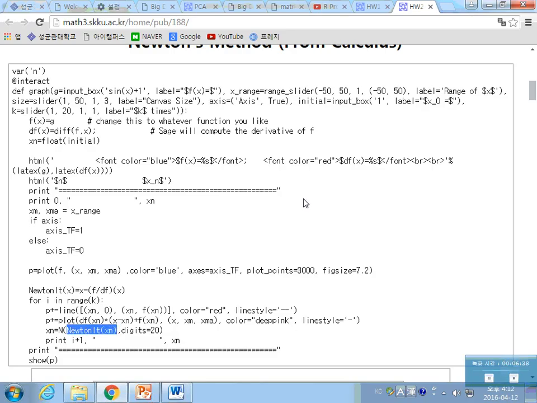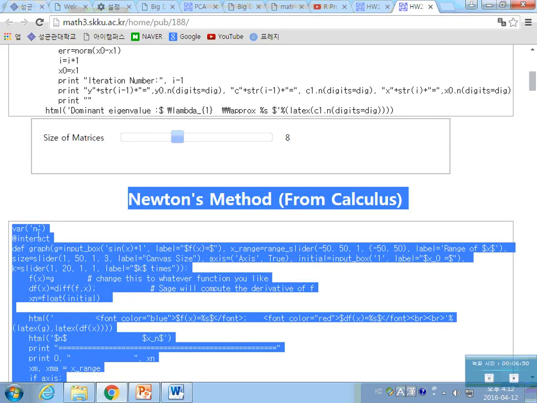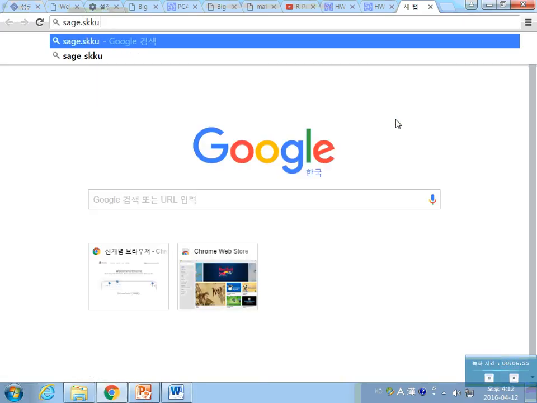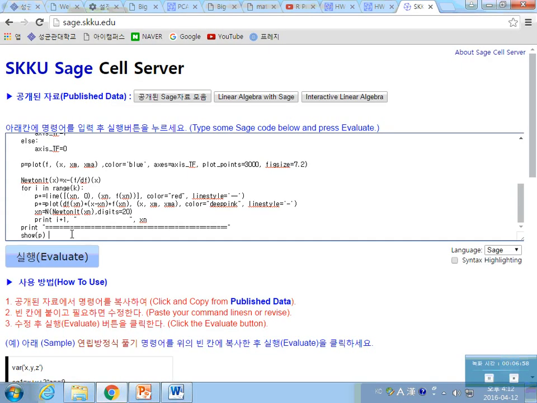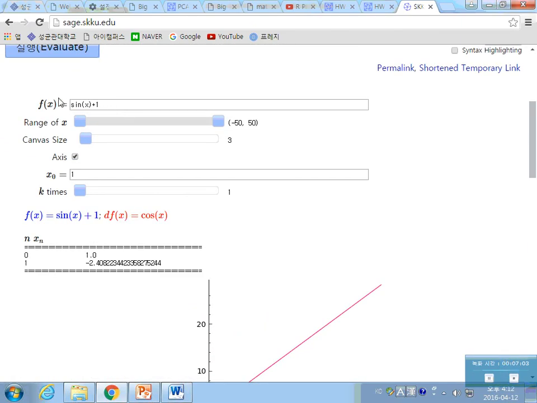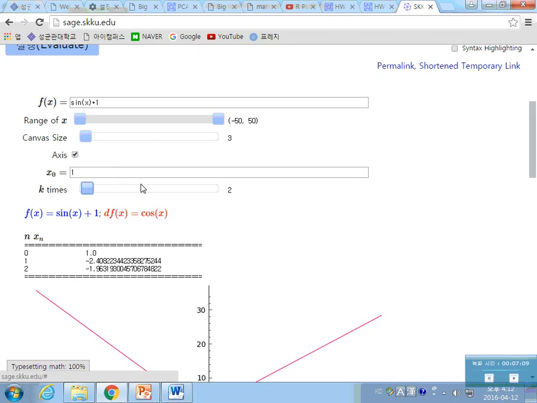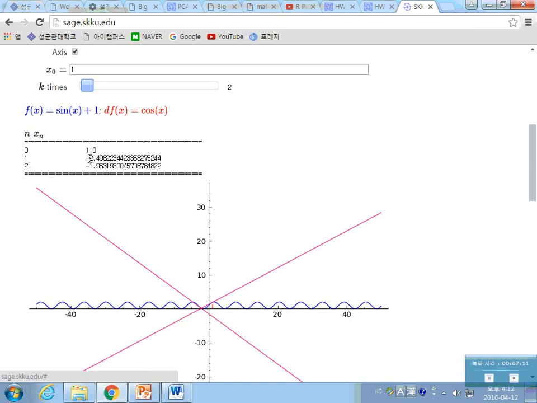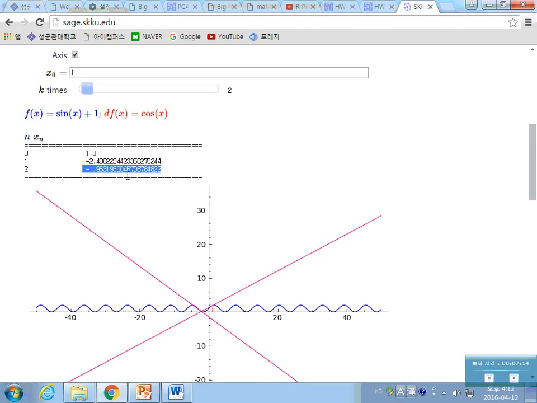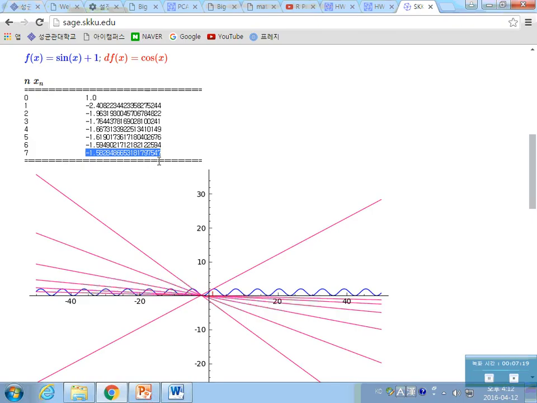The function is already defined in Sage, so we can easily use it. For the function, we can choose how many steps we want to go, and for each step, which value we found. So the more steps we go, the closer the values we can find.